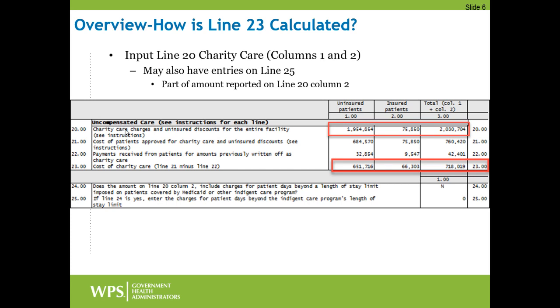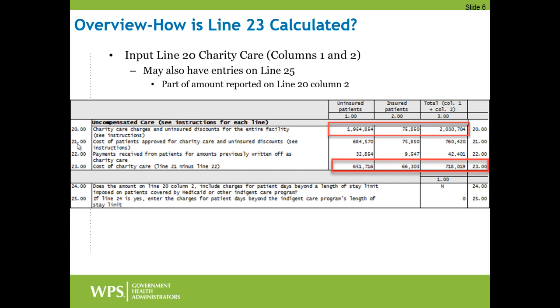So if we take a look here, for line 20, we're actually reviewing these. The providers, of course, import this into the cost report. Line 20 would be the actual charity care charges and the uninsured discounts for that facility. And earlier we saw how this was split to uninsured in column 1 and insured in column 2. And then, of course, column 3 is just a total.